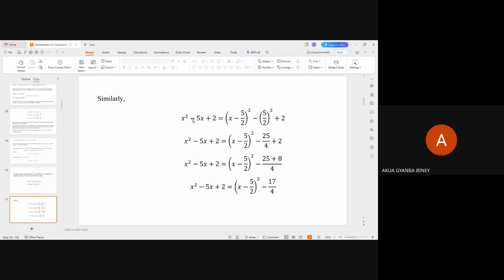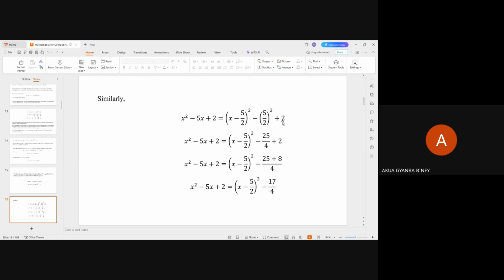So let's move on. If you have this, what I was doing is pick the b at the right-hand side inside the bracket, subtract half of b. So you have x, and b is minus 5 in this case. So you have x minus 5 over 2 all squared. Then the same b, subtract it from this side.